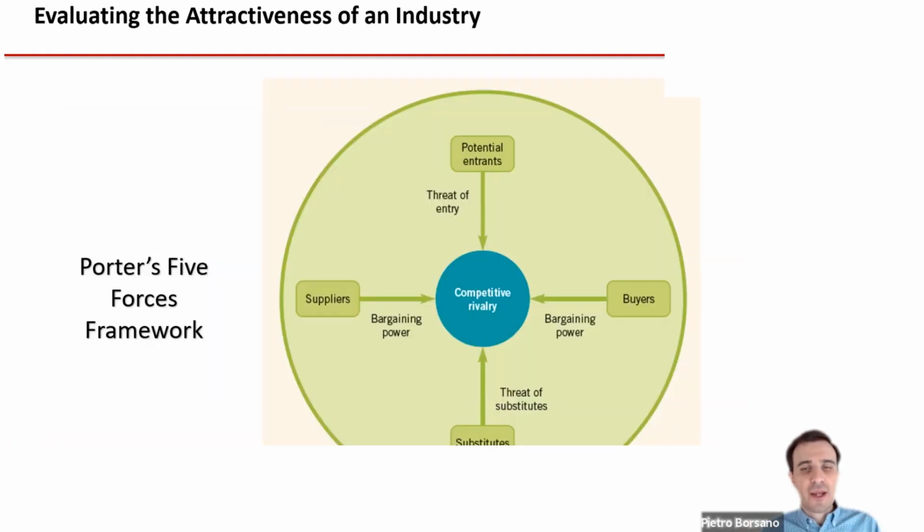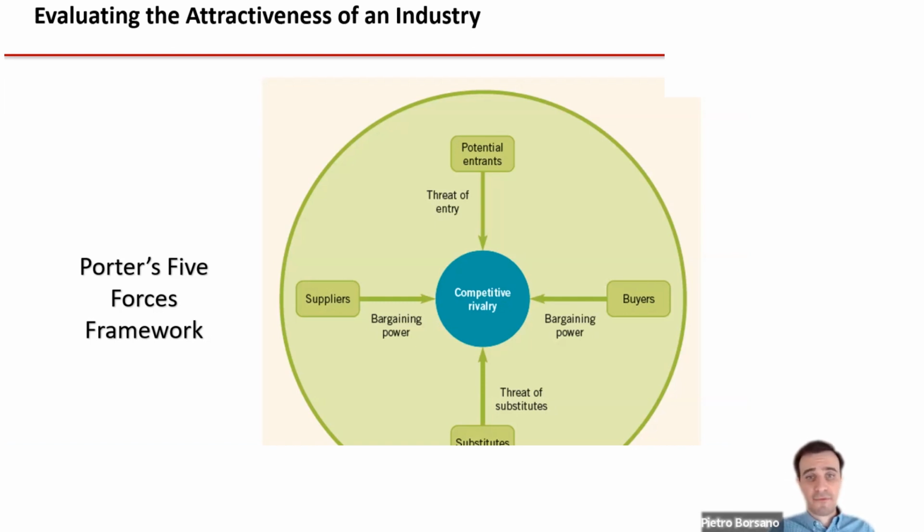A very famous framework used to analyze the attractiveness of an industry is Porter's 5 Forces framework. Michael Porter is to an extent the father of the modern approach to strategy, and among many of his theories, this became very mainstream, very popular. Through the 5 Forces framework, we are able to evaluate whether an industry is appealing. Here you can see the different forces at play.